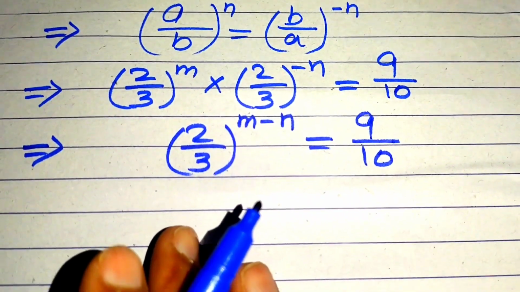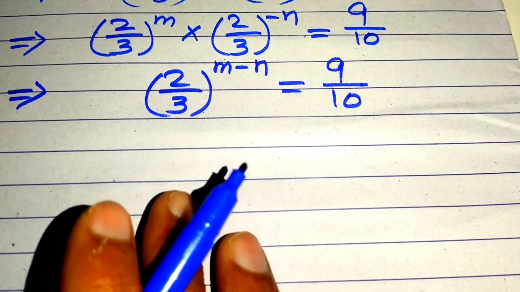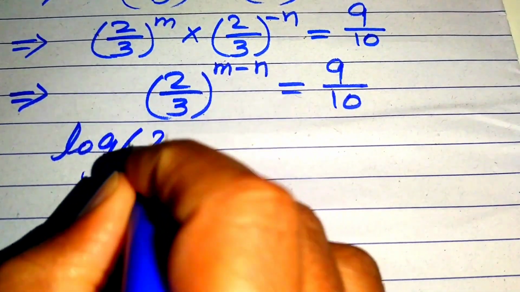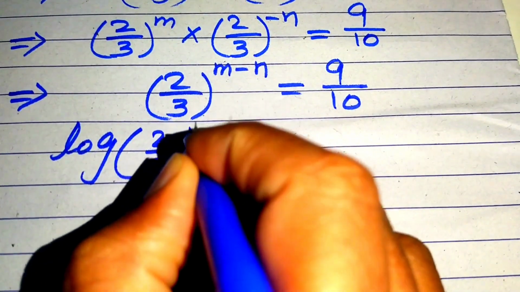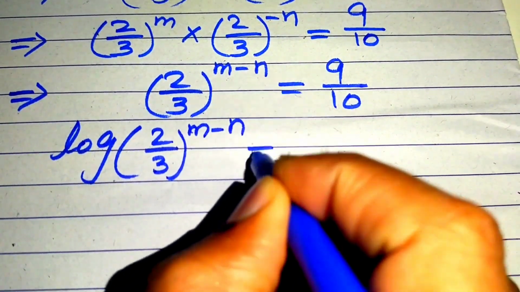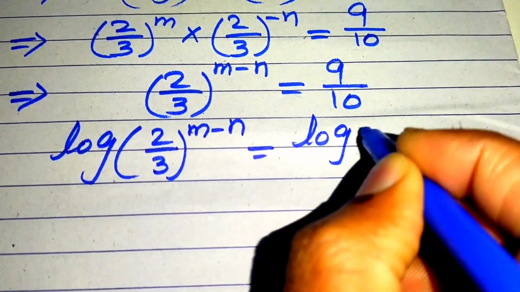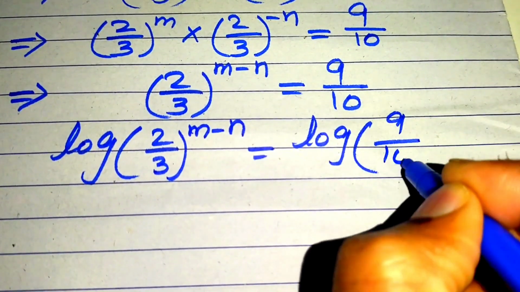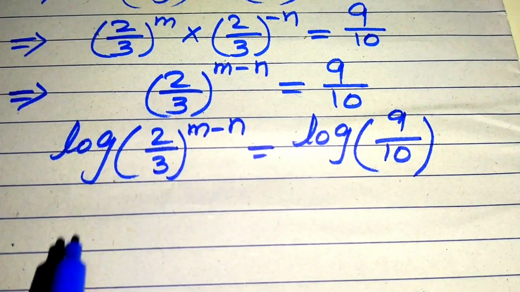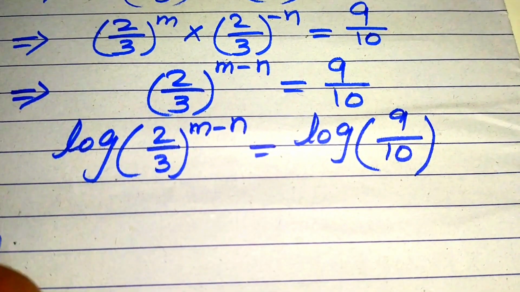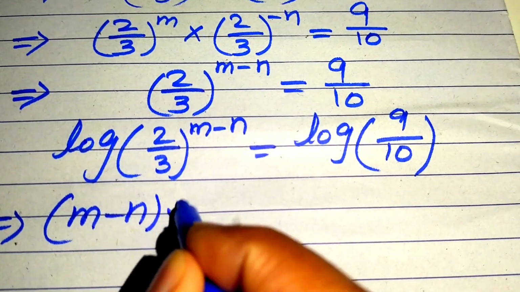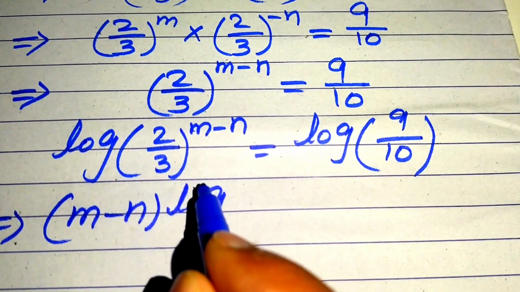And here we again take the log on both sides, so when we take log, you get log of (2/3)^(m-n) equals log of 9/10. Now we use the property of log and move this exponent in front of the log, and you get (m-n) times log 2/3.